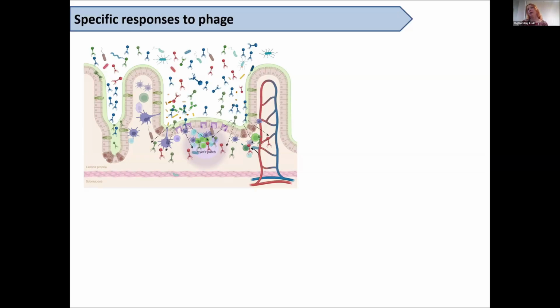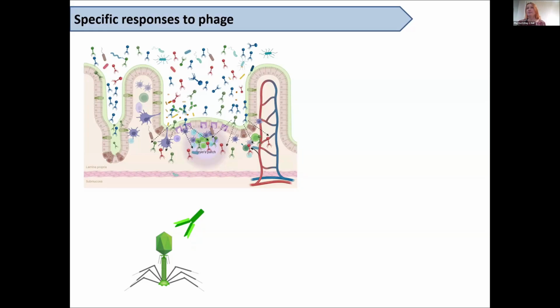And in phage therapy, we hope that when we treat our patients orally, we get phages hopefully everywhere, they will get to the site of infection, and we hope for their action. But what happens at the same time is that anti-phage antibodies are induced. The more efficiently phage will be distributed around the body, the more antibodies are induced.